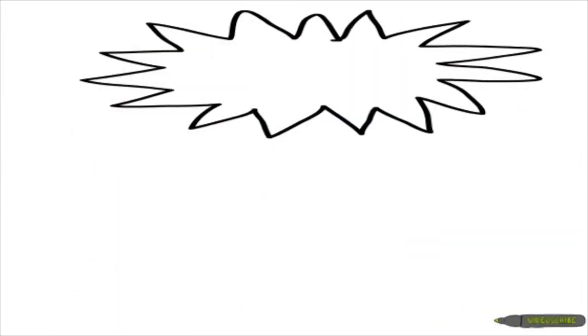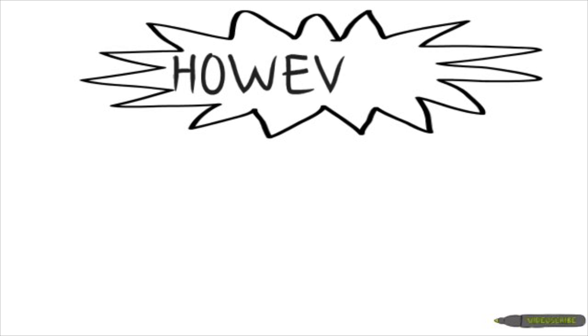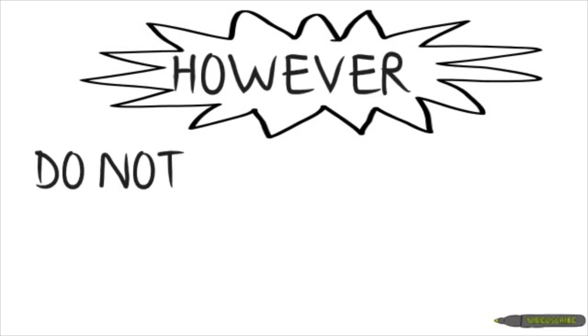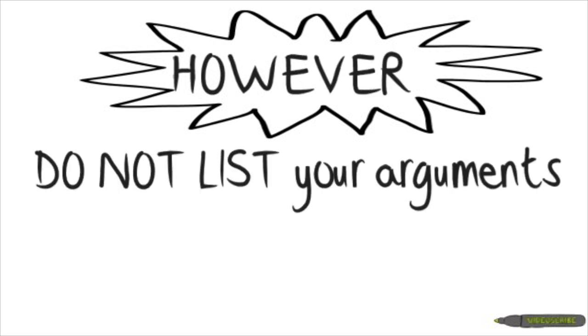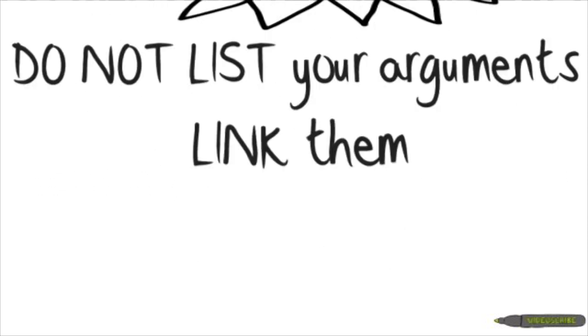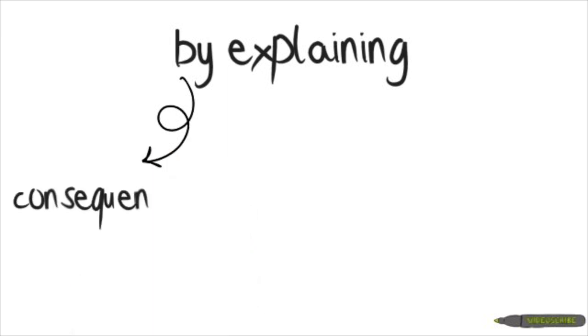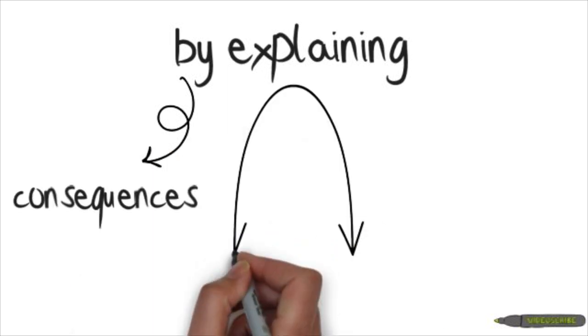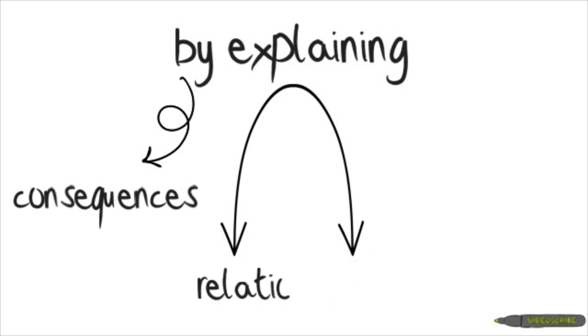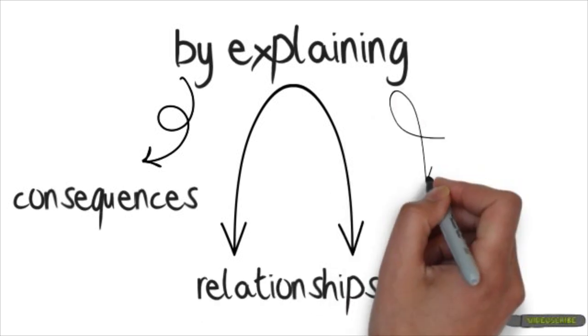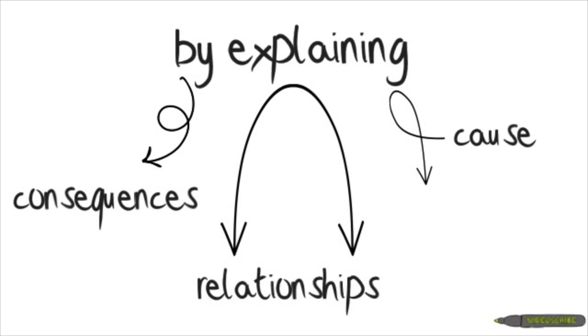Another very important note, however, do not list your arguments in your thesis. Link them. Now you can do this by explaining or joining together your supporting arguments through consequences, relationships, or something like a cause and effect scenario.